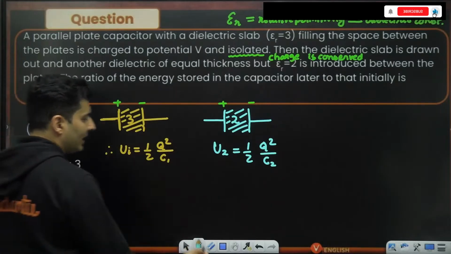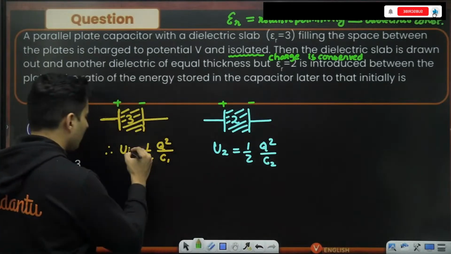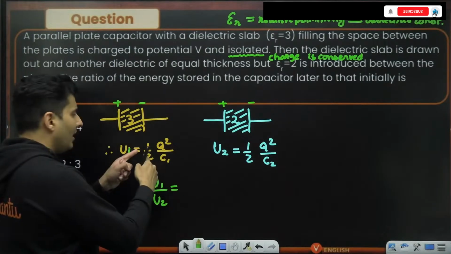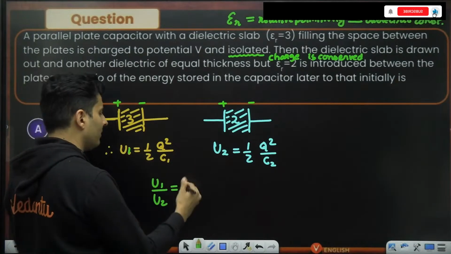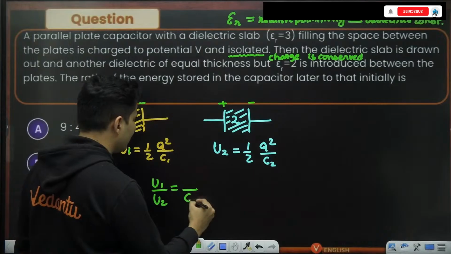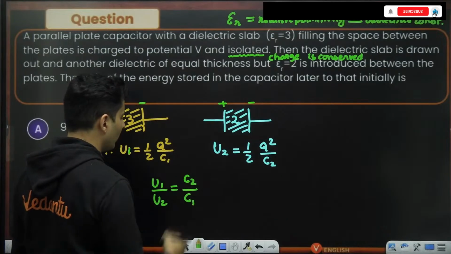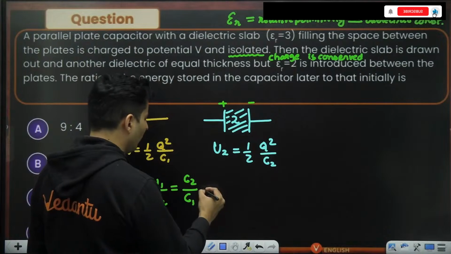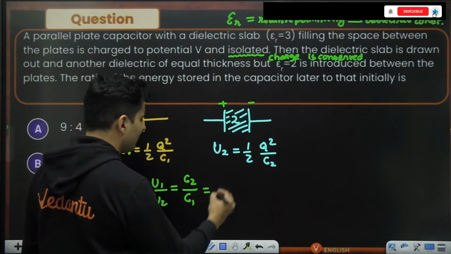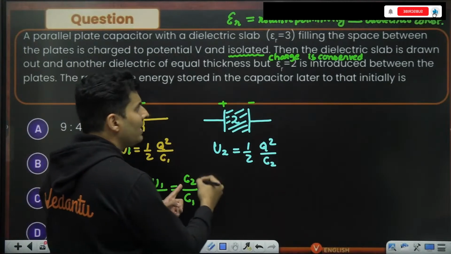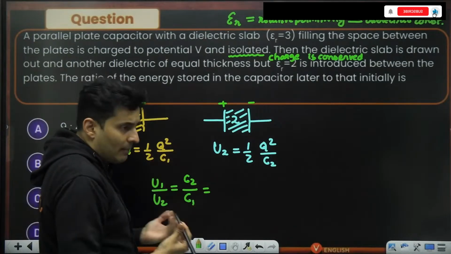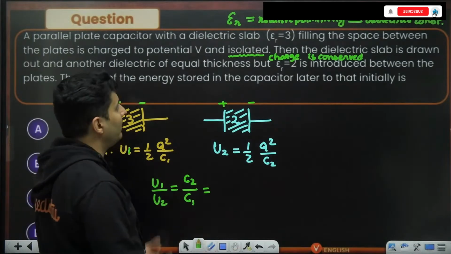Okay, so if I take the ratio of both of them, which is U1 by U2, well, half Q square, everything is the same. Here I will get C1 below, and here I'll get C2 on the top. So it will be C2 by C1. But wait a minute, I know that C2 by C1 will be the dielectric constant multiplied by the capacitance which would be there without any medium.